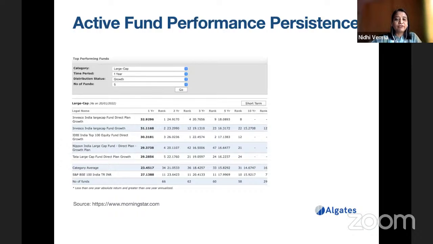So you see the top 5 funds according to the last 1 year, how they have given the returns. And then as you move to the second year and see the ranking, the funds which were in the top 5 are falling; their ranks have deteriorated when you see the 2-year performance of the same fund.